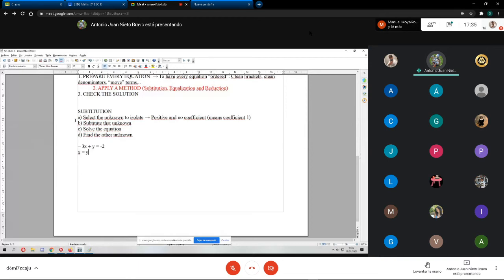Okay? To check the solution, we say that the solutions are minus 1 and minus 1. We go here and we say, okay, my system was this one. This was the system, okay? So we say the solution is x equals minus 1 and y equals minus 1. So we only have to check it.